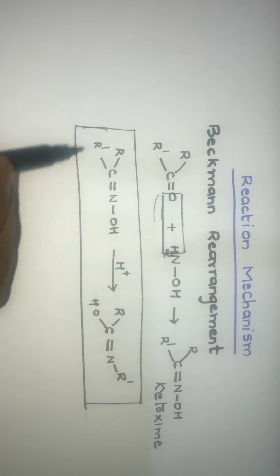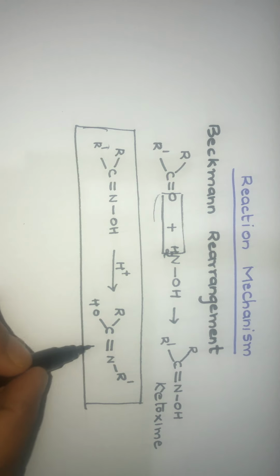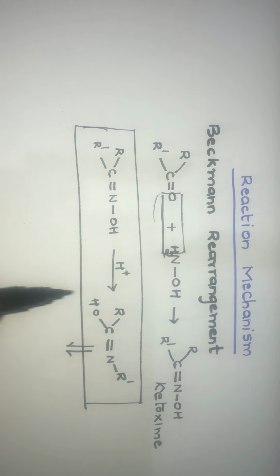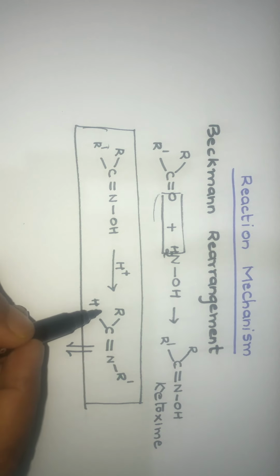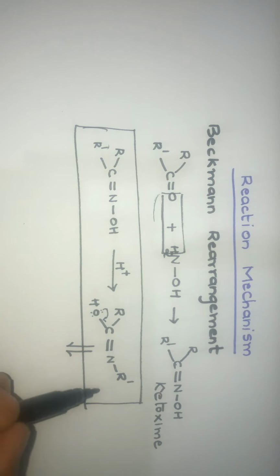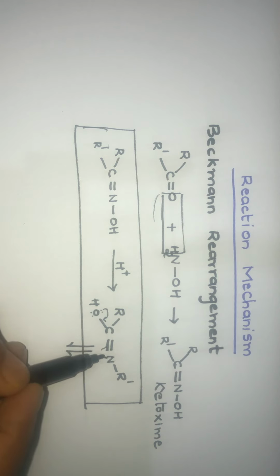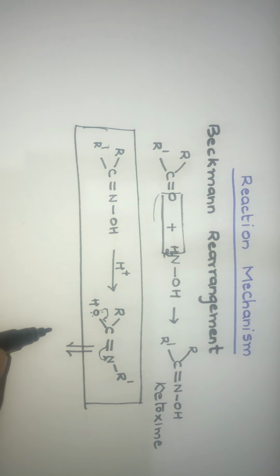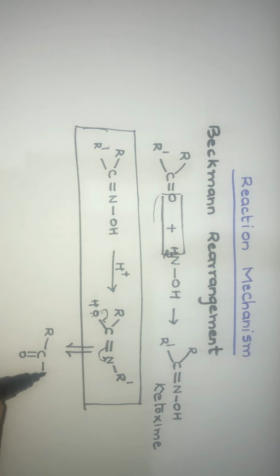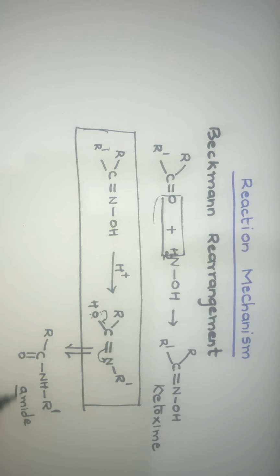There will be a transfer, that means there will be a migration. Later on this again rearranges. So this oxygen contains a lone pair, it moves here, so this moves here, and it results in the formation of this compound R C double bond O, NHR dash. So you get amide, that is N substituted amides is what you get.